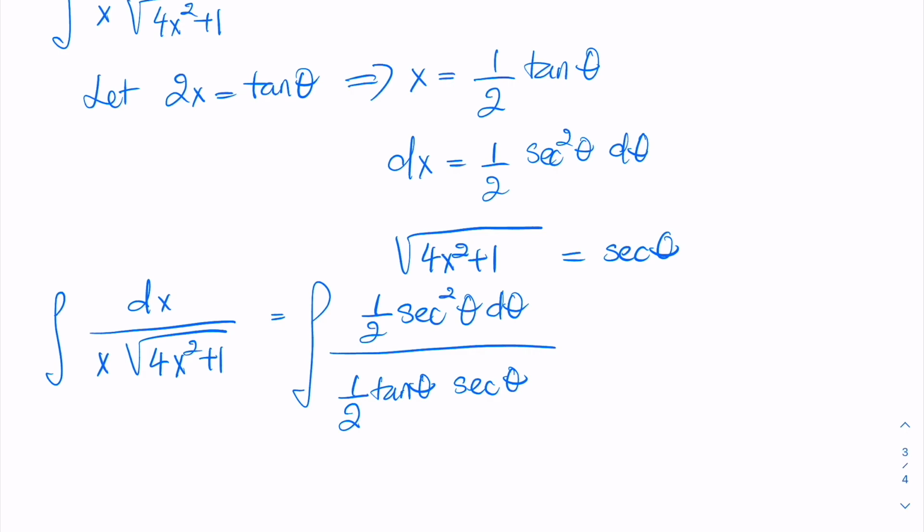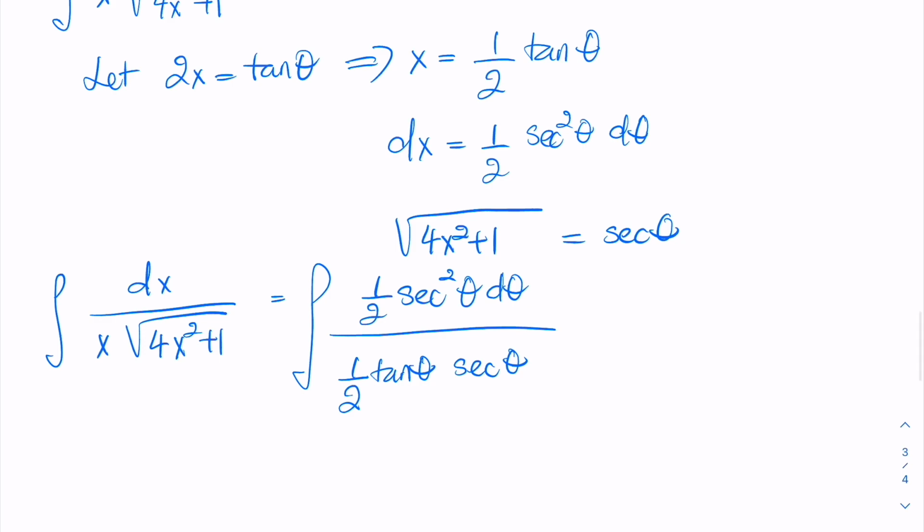So we're going to do some simplification so I can cancel 1 secant, cancel 1/2. I ended up with secant theta over tangent theta.